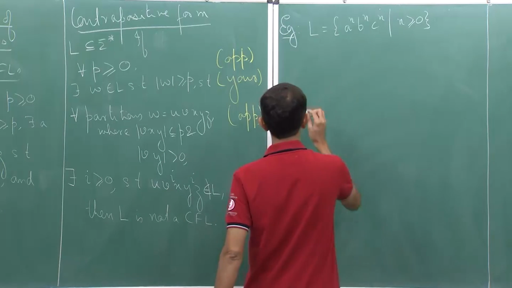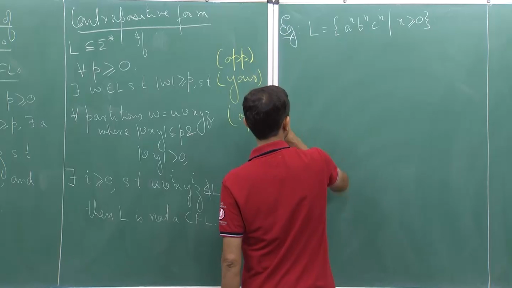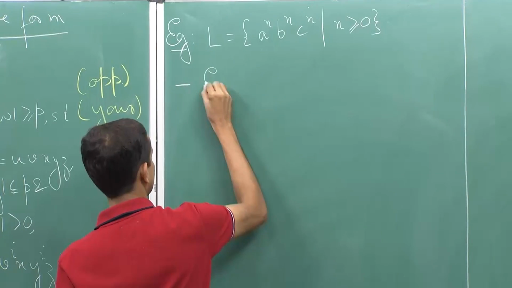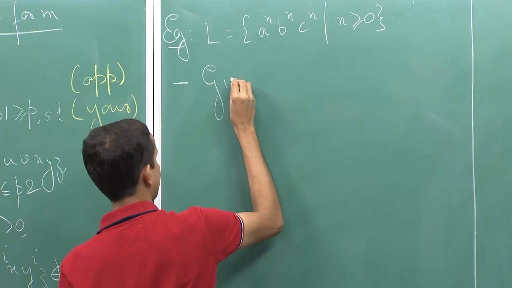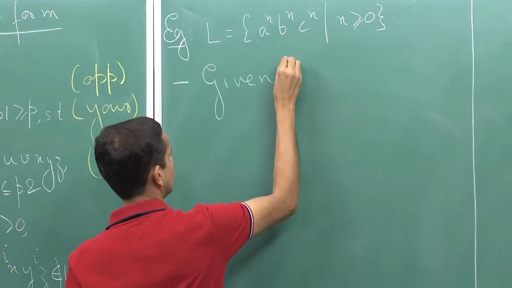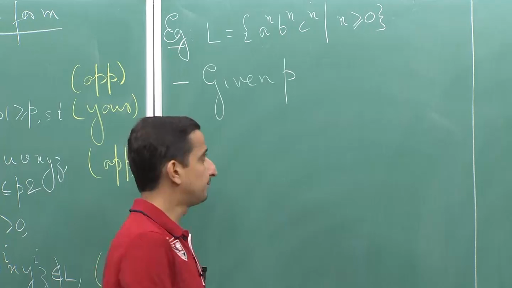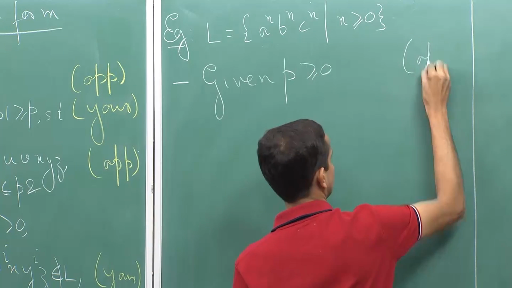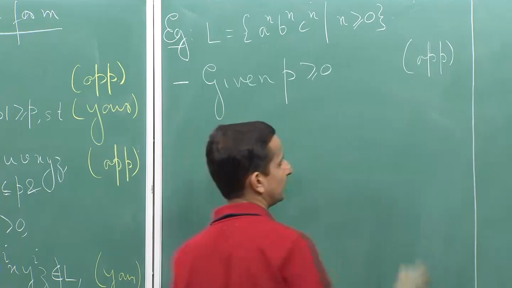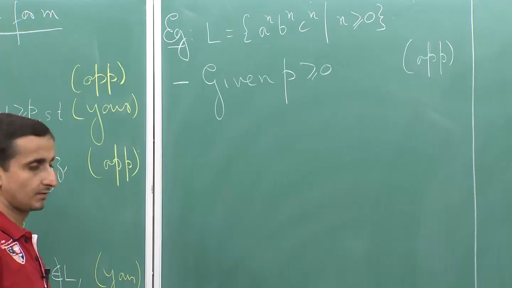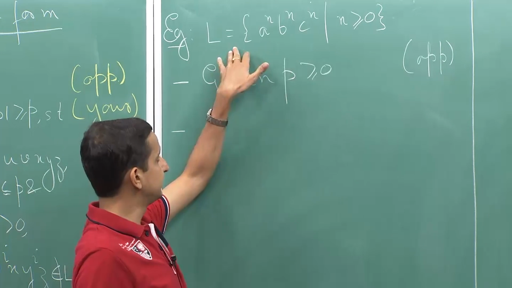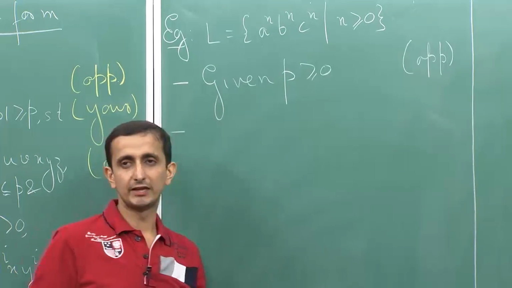Now let us look at this. First, your opponent makes a move. Your opponent gives you a number p greater than or equal to 0. Now, you have to choose a string that is in the language whose length is more than p.